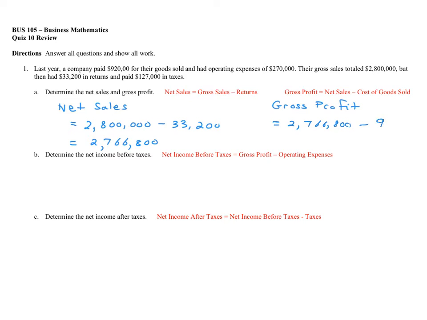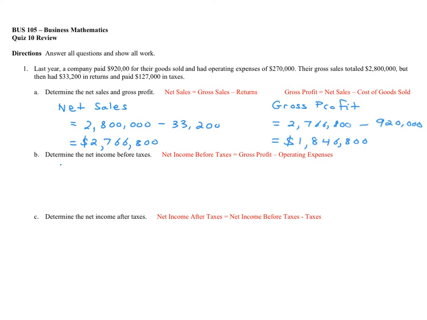So that is $920,000. I take that previous number, subtract off $920,000, and we get this amount. So about $1.8 million. I'll note that these are dollars. So that is the net sales as well as the gross profit.